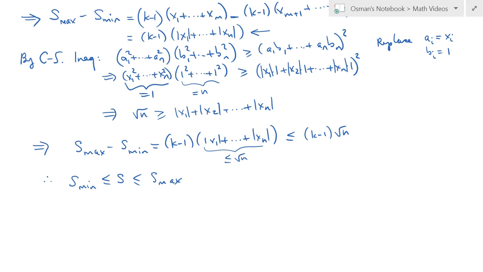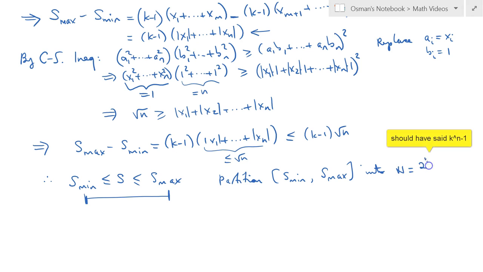I would like to go ahead and partition this range from S min all the way to S max into n equal subintervals, where let me write this down here. So partition the interval S min all the way to S max into n equals 2 to the n minus 1 subintervals, and each one will have a length equal to the range we calculated earlier, divided by n, right?